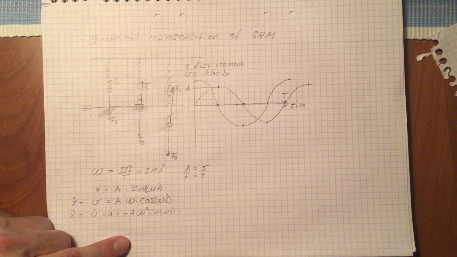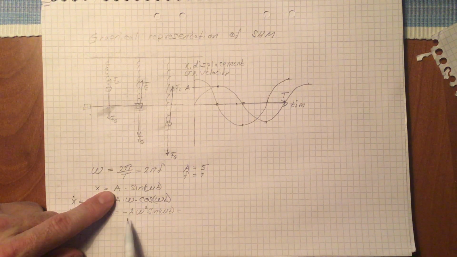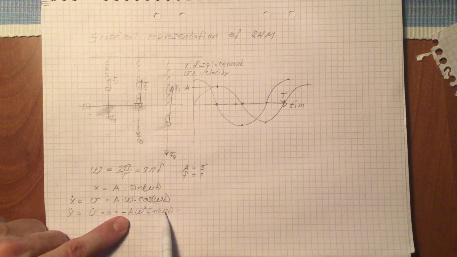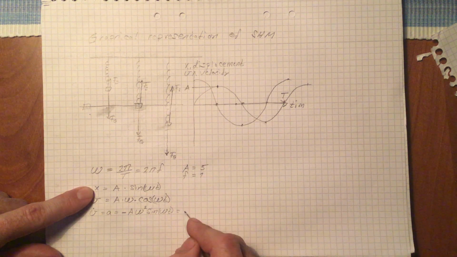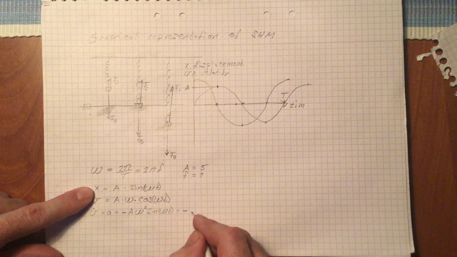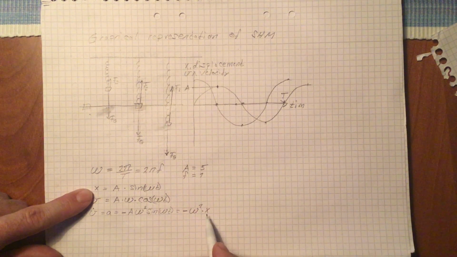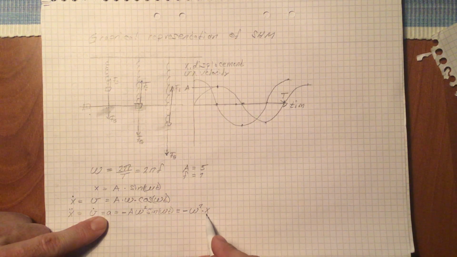Now, let's see. Sine omega t, we have it here as well. And we have the amplitude as well. So the amplitude times sine omega t, that's the displacement. So we can also write this as negative omega squared times the displacement. So we see that the acceleration is proportional to the displacement.